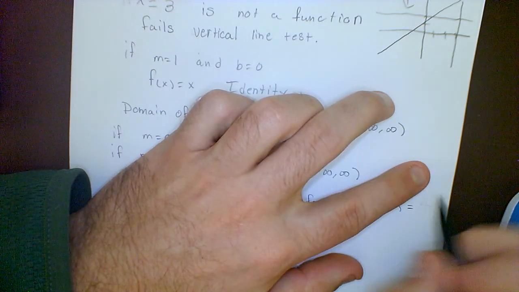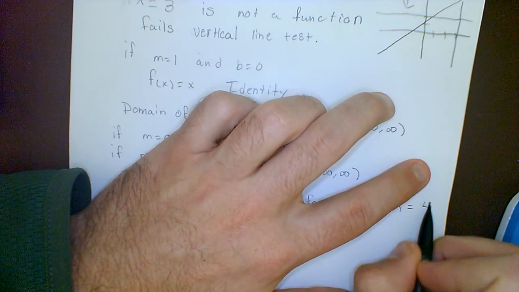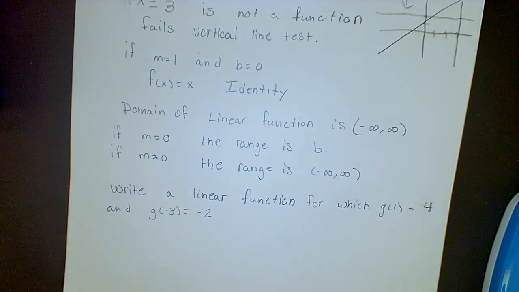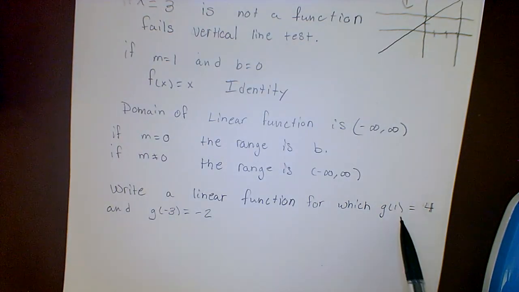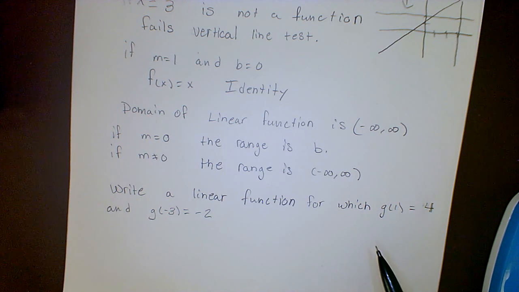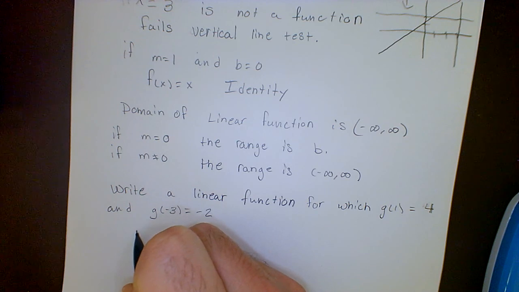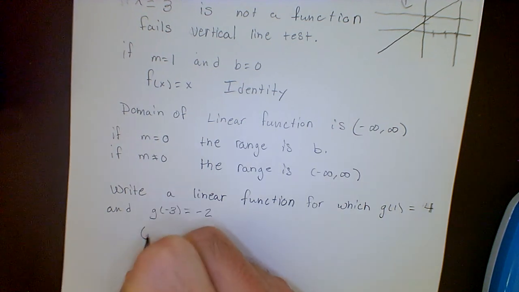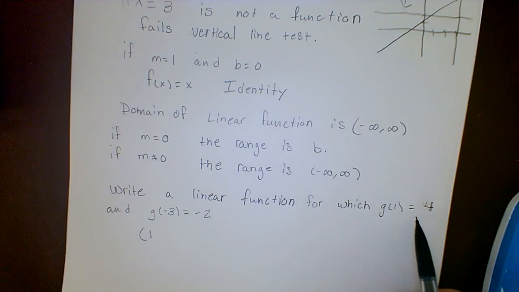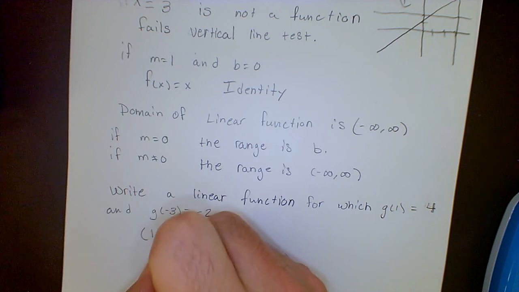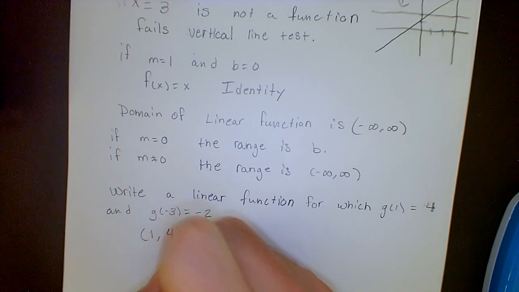We talked about how if you have two points, you can find the slope that connects them. But they gave us ordered pairs in function notation, so the first thing to do is figure out what the points actually are. Plugging in 1, you get back 4, so 1 comma 4 is the first ordered pair.